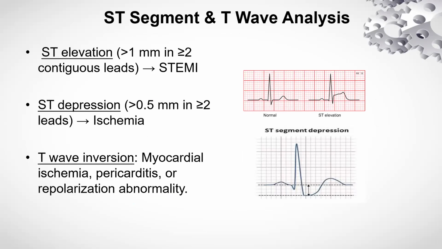You'll see that this is myocardial infarction. ST depression, when it's below the isoelectric line and in 2 leads, is called ischemia. When you have T-wave inversion, myocardial ischemia or pericarditis could be the cause.